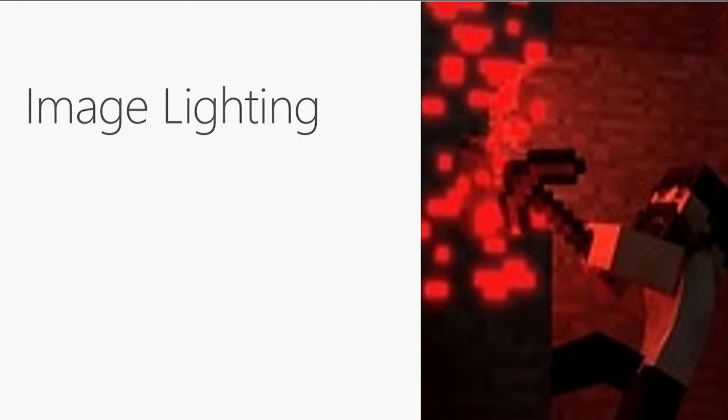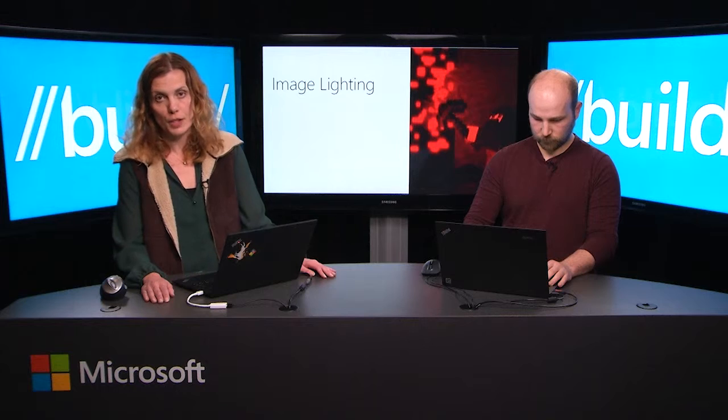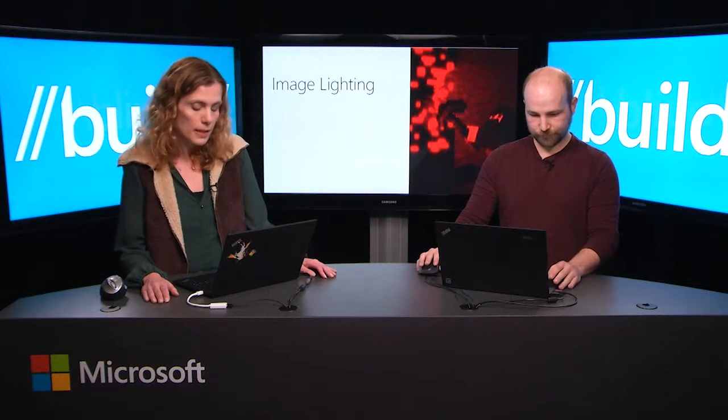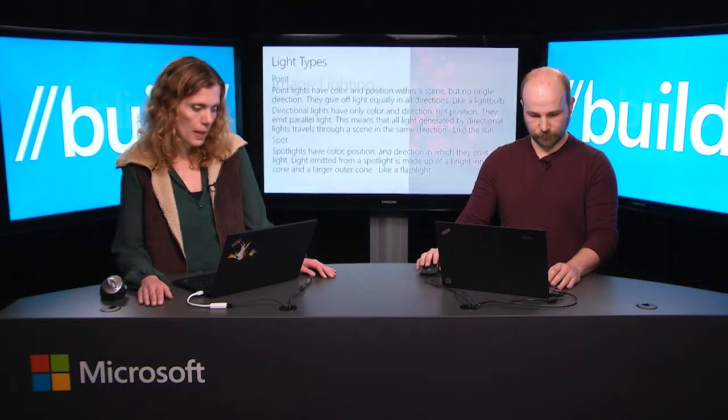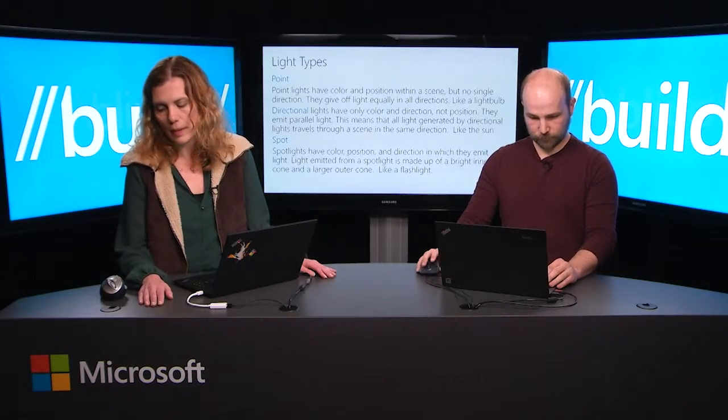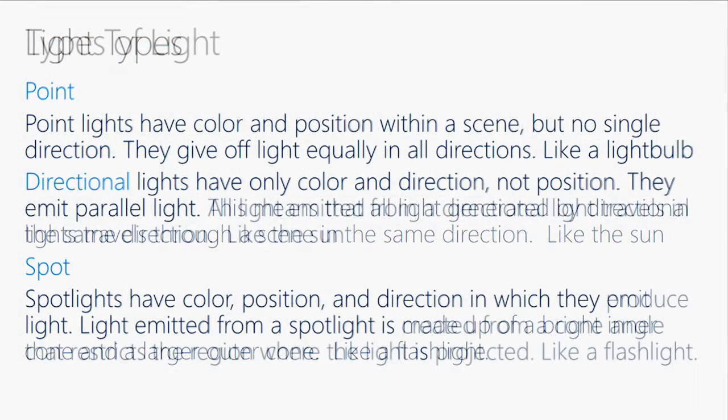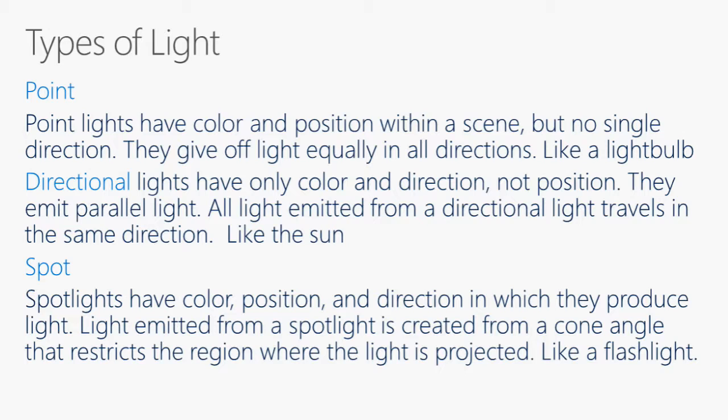Okay, so a new effect that we're really excited to introduce for our effect system is image lighting effects. Image lighting effects have 2 core concepts. One is the type of light you're using, and then what kind of reflective properties that light has. In more recent builds of Windows, you'll find that you can add these new light types as a graphic effect.